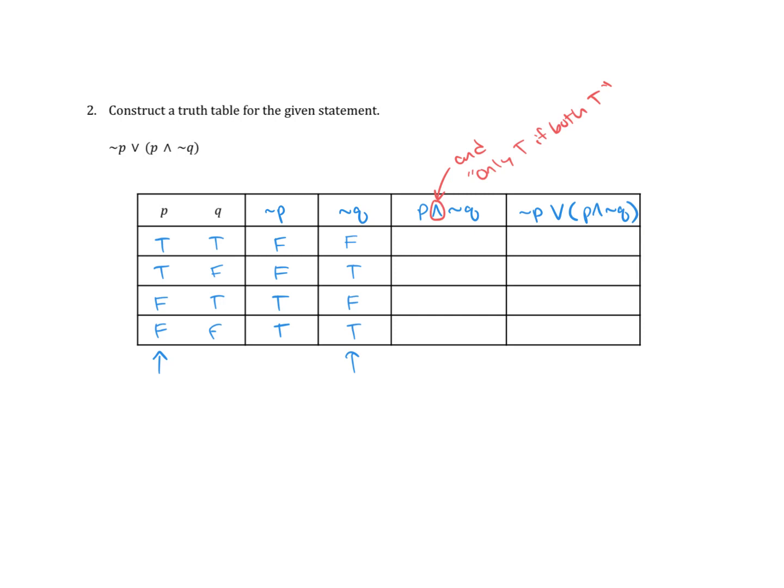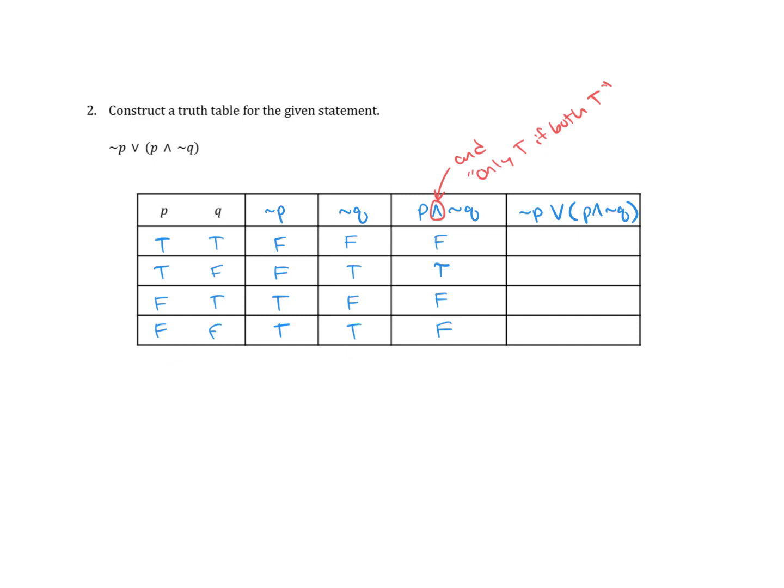So I'm looking at those two columns, and I say to myself, only true if both are true. Where are they both true? They're both true in the second row. So that's the case where it's going to be true. And in all other cases, we have true and false, false and false, false and true. Those all will come out false because it's only true if both are true. Okay, so now I'm done with that column. I erase my arrows again.